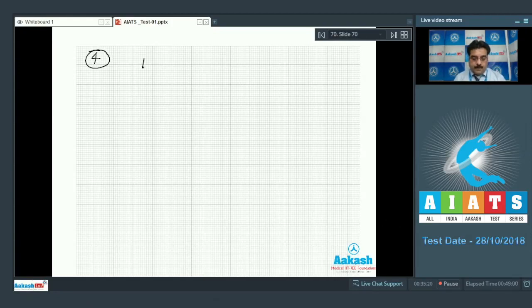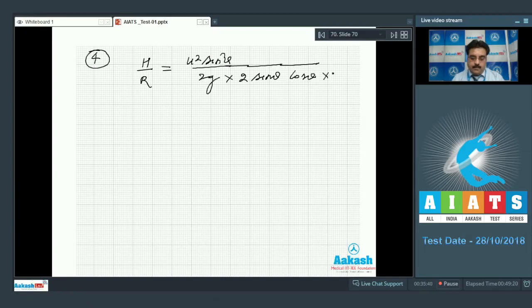In option number 4, if I divide height by the range, you know u square sine square theta upon 2g is the formula of maximum height, and range is 2 sine theta into cos theta into u square divided by g.